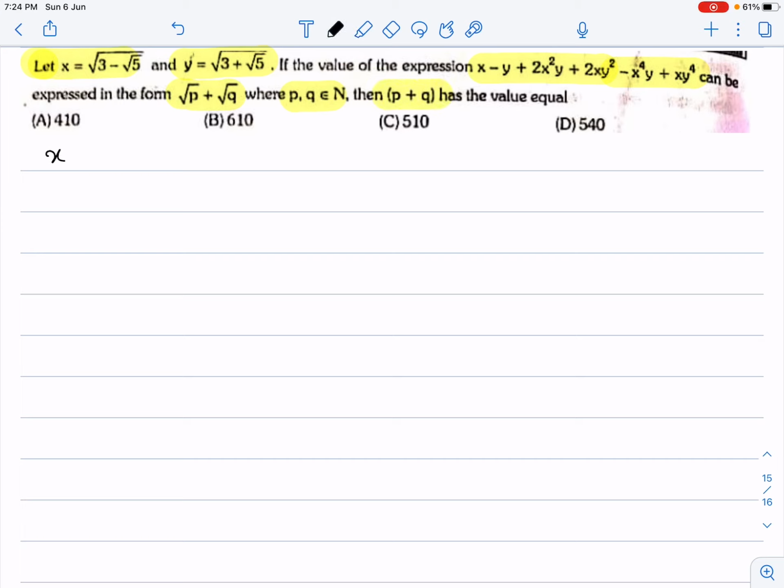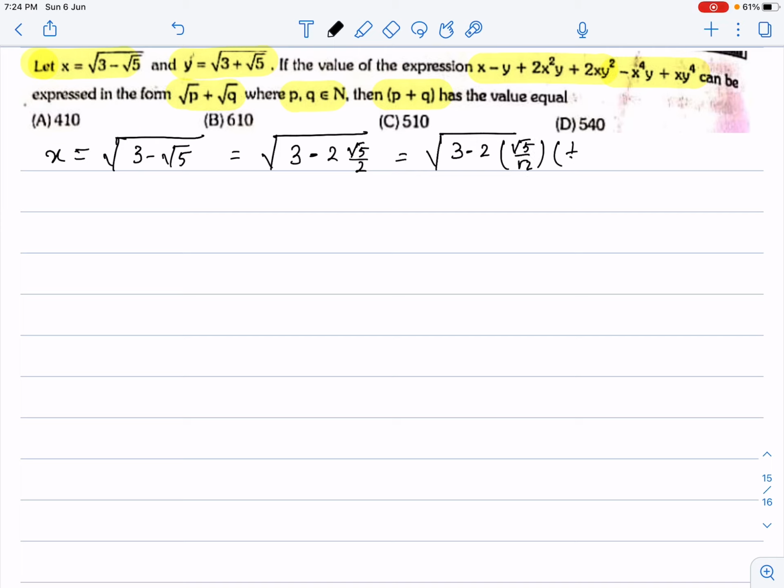So first of all, I'll simplify the value of x written over here, that is root of 3 minus root 5. Let's see how it can be further simplified. I may write it like root over 3 minus 2 multiplied by root 5 upon 2. Then further it can be rewritten as root over 3 minus 2 multiplied by root 5 by root 2 multiplied by 1 by root 2.